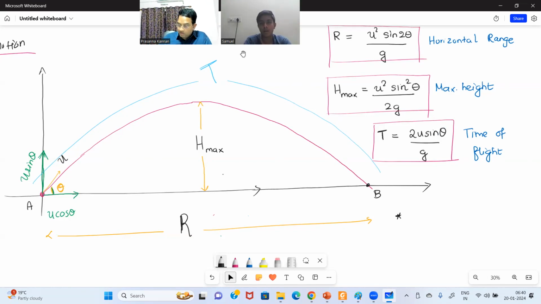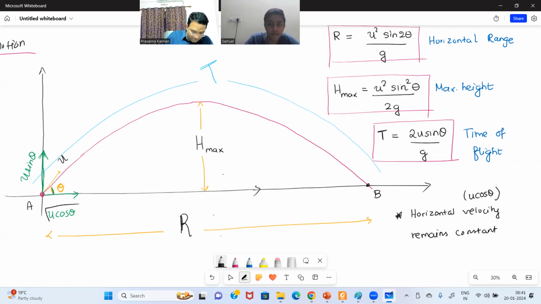First point, the horizontal velocity of the projectile remains constant throughout the journey of the projectile. That means it doesn't change, which is nothing but u cos theta. U cos theta is the horizontal component of the velocity that doesn't change at all.